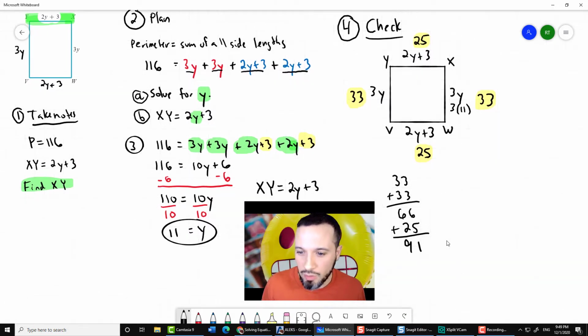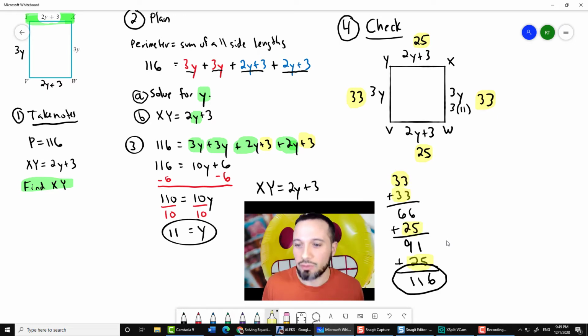And then I have to add 25 one more time. And I get 116. So basically, again, I added the 4 sides, right? I did 33 plus 33 plus 25 plus 25. So those are my 4 sides.